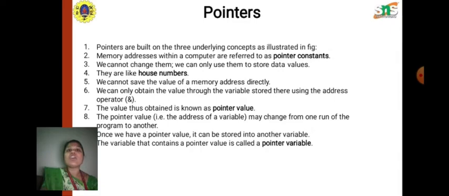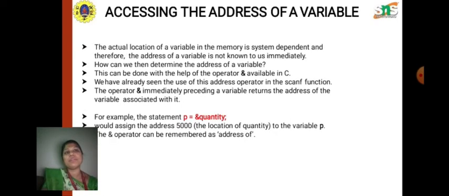The value of a pointer is the address of a variable, and the address of a variable can change from one run of a program to another. Once we have a pointer value, it can be stored in another variable. That variable, which contains a pointer value, is called a pointer variable.